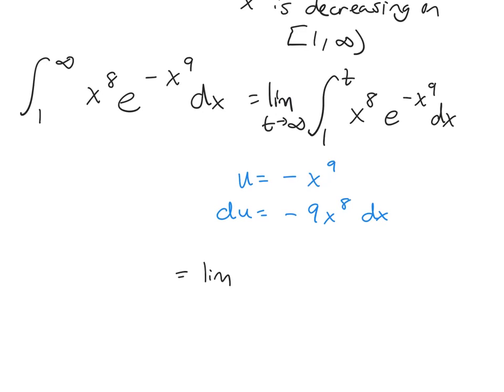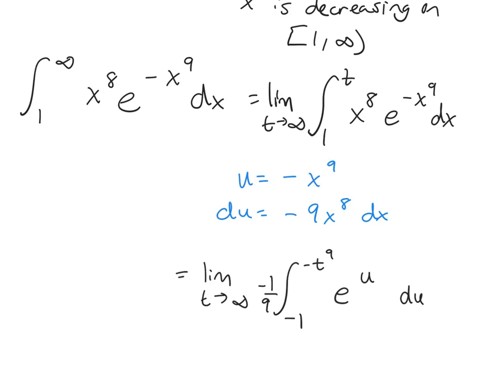We've got the limit as t goes to infinity, e to the u, and du, and I'm going to have a negative 1 over 9 here. And what are my new numbers for my bounds? Negative 1, negative t to the 9th.